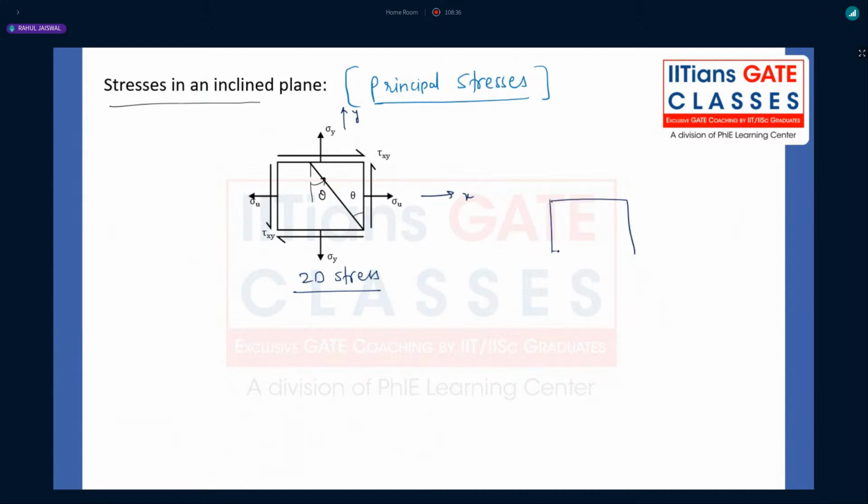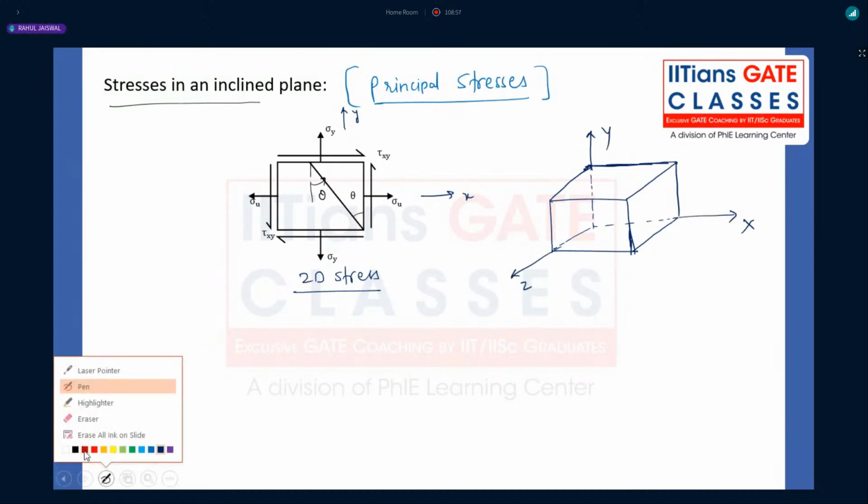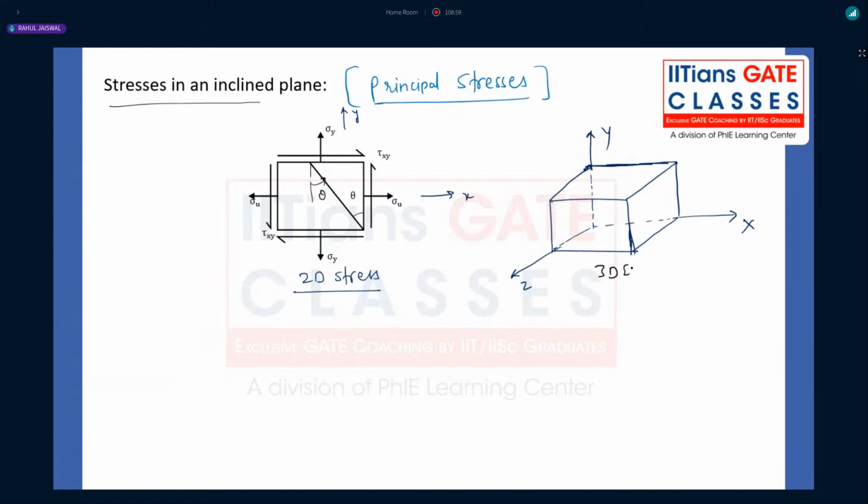Our earlier case, what we discussed like this, was the 3D case. That was the 3D stress element. This is what we have as the 2D element.